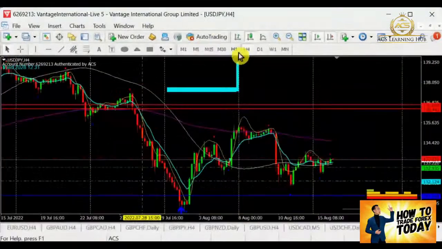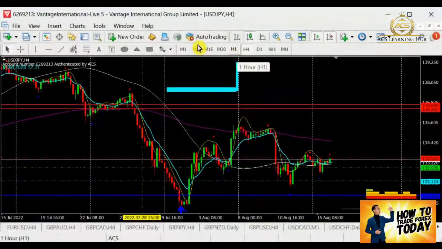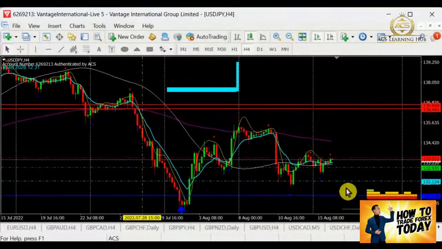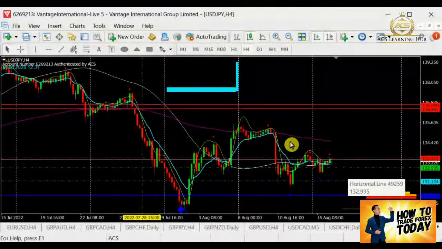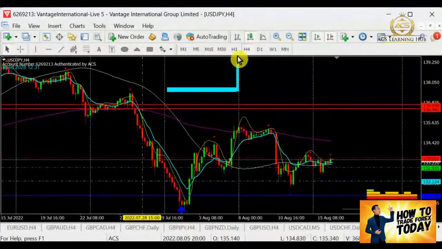So let's wait for dollar yen. If dollar yen is being resisted to continue the selling, then there may be a good chance for us to see that dollar yen will be selling in the second half of the day. So tentatively, I'm not going to put this into my watch list first.